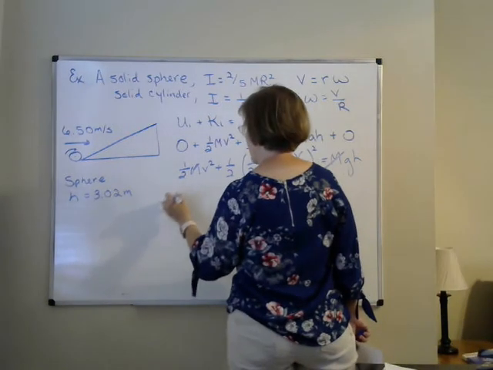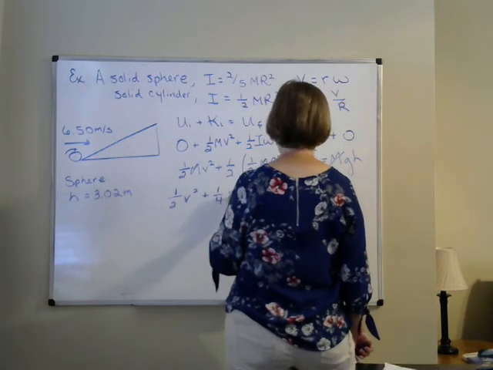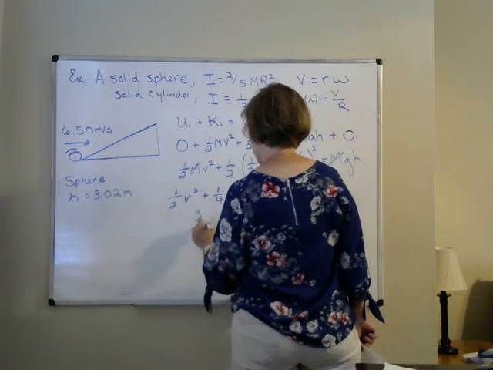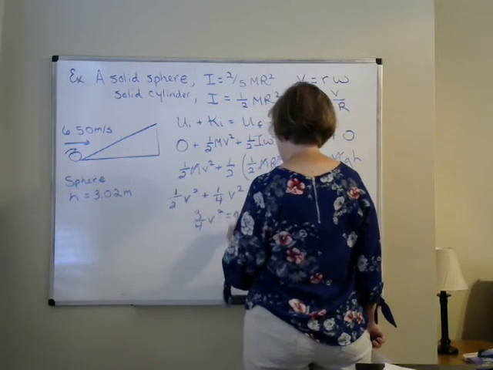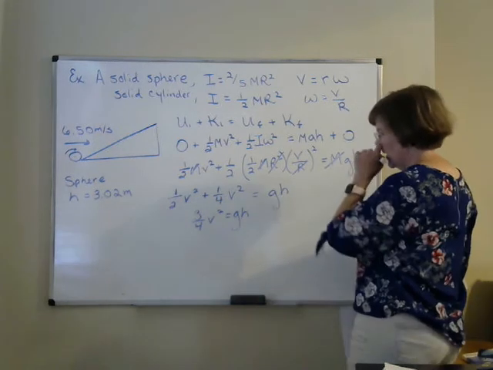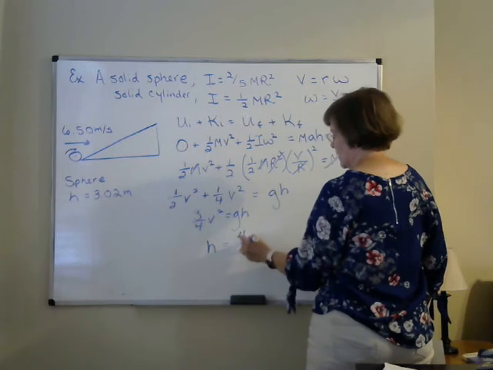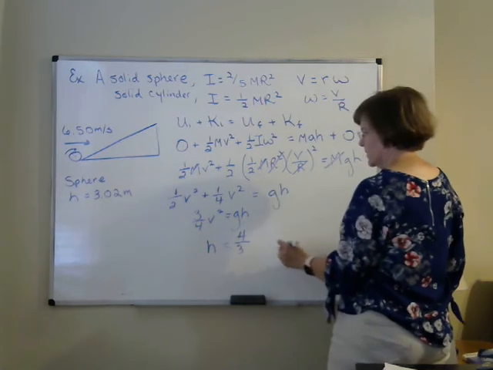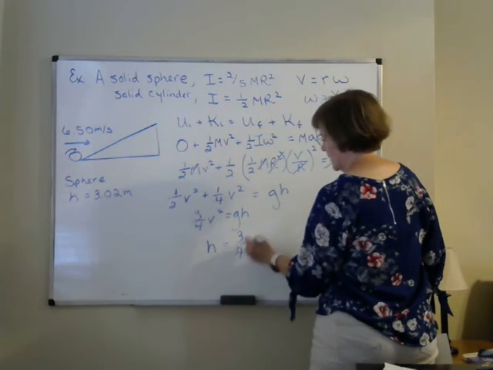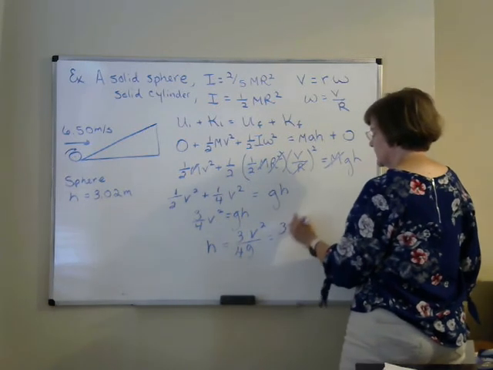And I get 1/2 V squared plus 1/4 V squared equals GH. So 3/4 V squared equals GH. This is basically, if we multiplied by M, that would be our kinetic energy. So H equals 3/4 V squared over g. Put in my numbers.